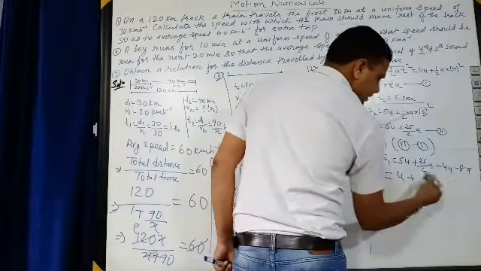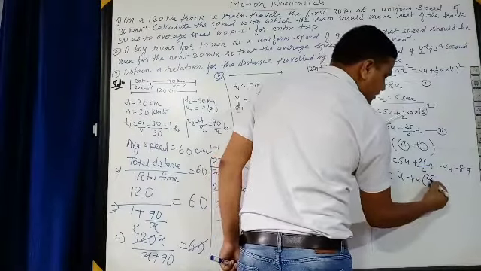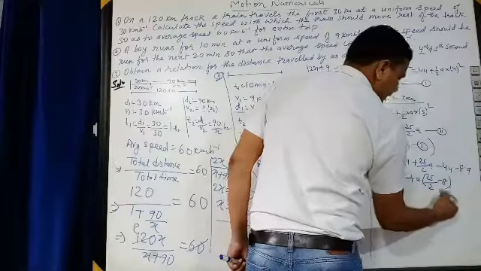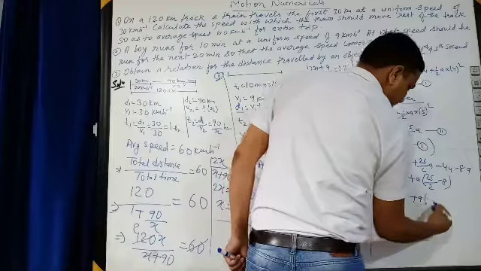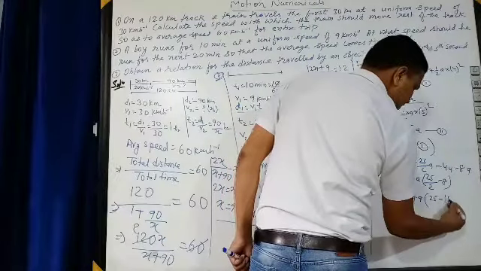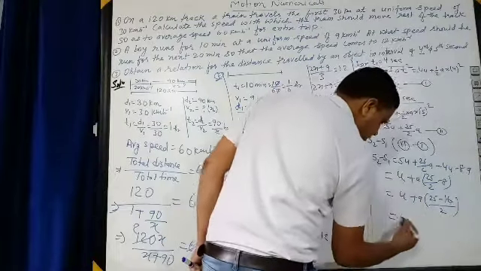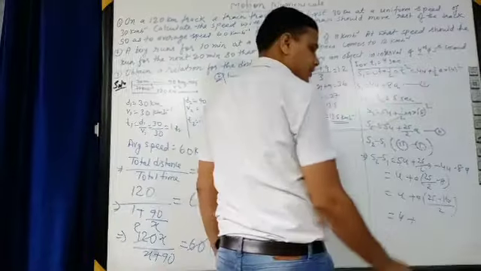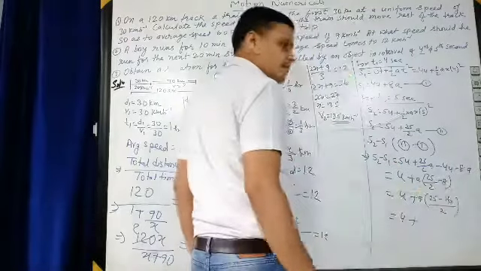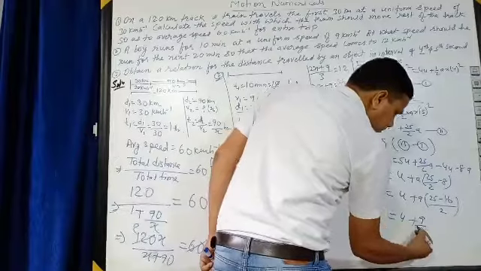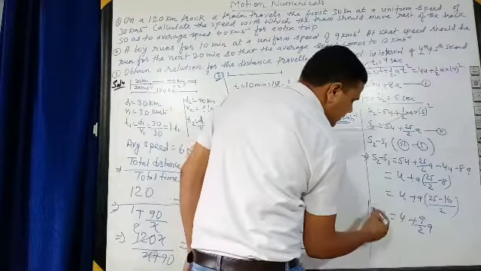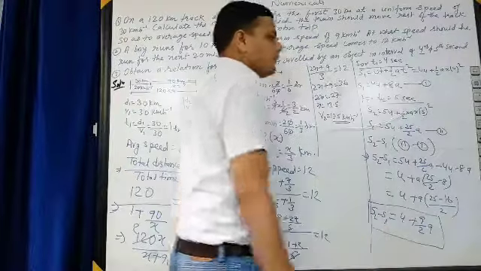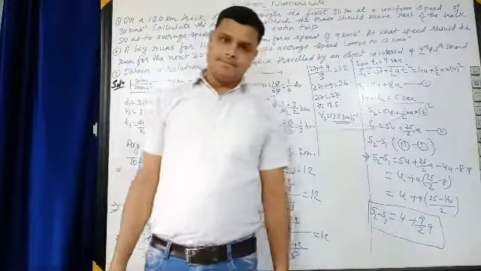And here a we can take common, so we can write 25 by 2 minus 8, so u plus (25 minus 16) by 2 a, that is u plus 9 by 2 a. So this is the relationship between the distance traveled in the 4th and 5th second.